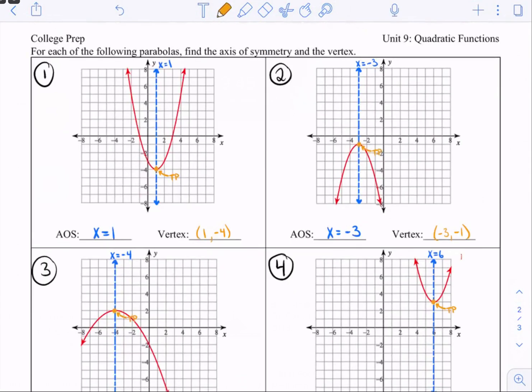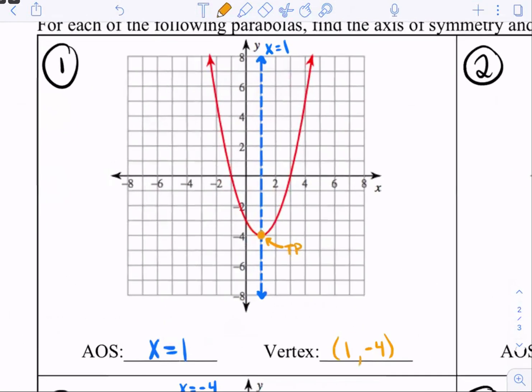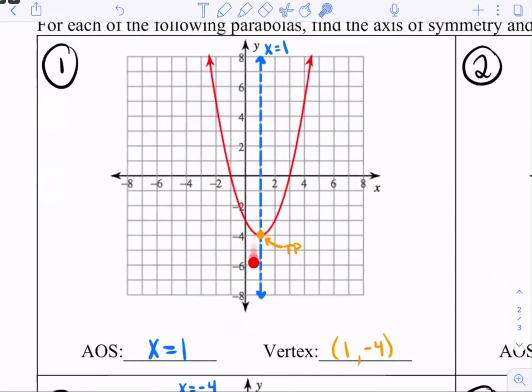Okay, so hopefully you finished the problems. I just want to let you know that I've color coordinated them so that the axis of symmetry will always be in blue and the turning point, or the vertex, will always be in orange. Notice how every time I write the axis of symmetry, I write it as a line because it is a line of reflection.